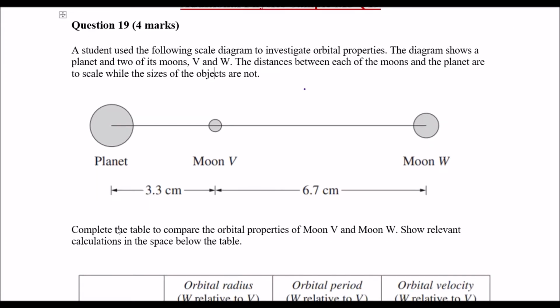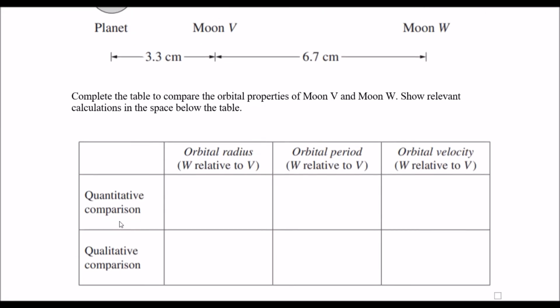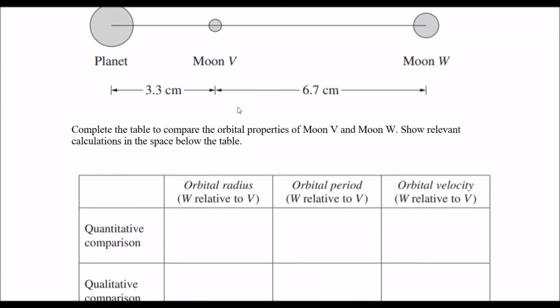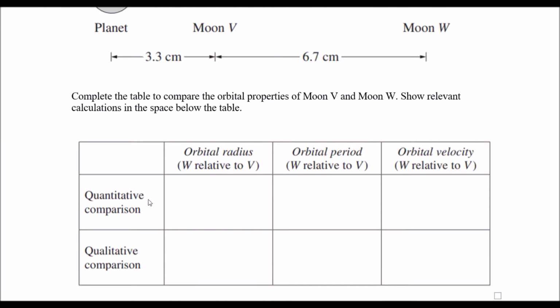We have a table down below here. It says complete the table to compare the orbital properties of moon V and moon W. Show relevant calculations in the space below the table. So we have quantitative calculations and qualitative descriptions.